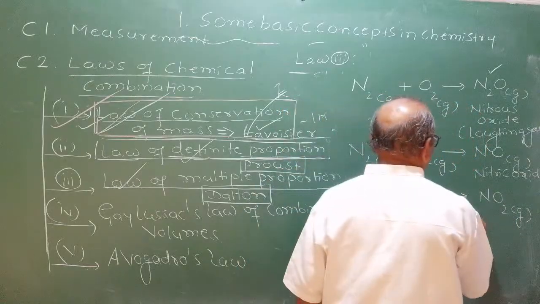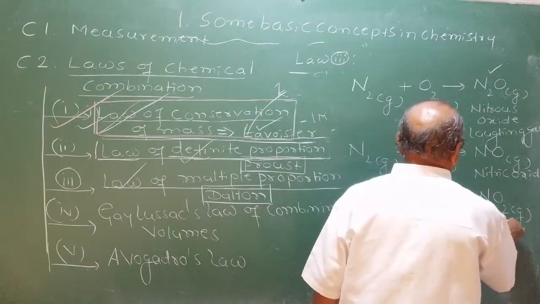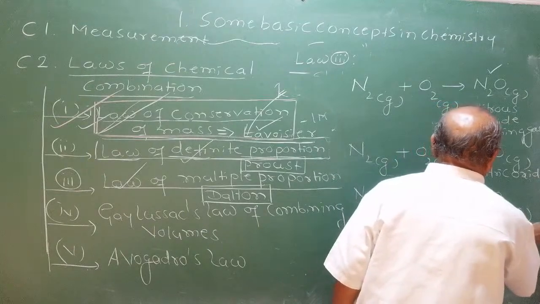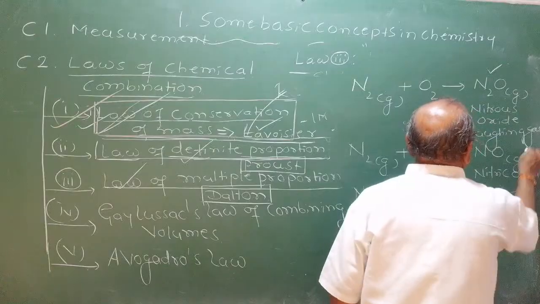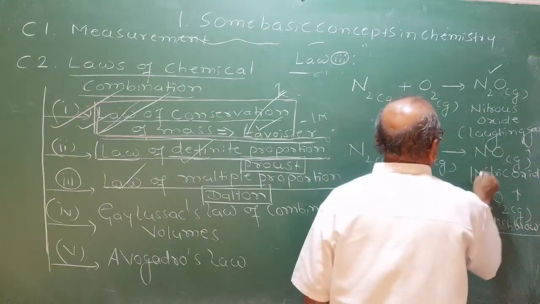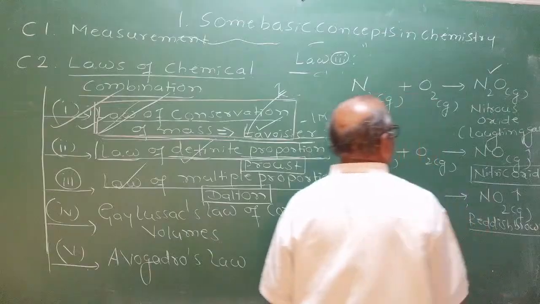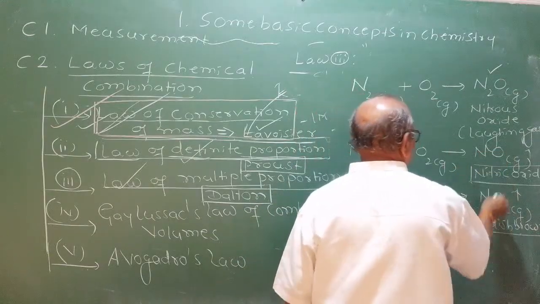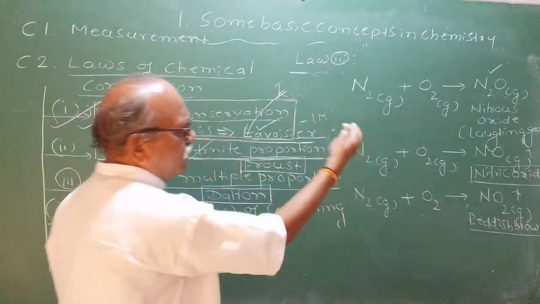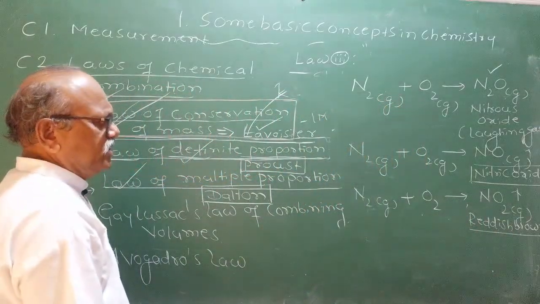This is reddish brown in color. All of them are gases, and the color of nitric oxide cannot be recognized because as soon as it is liberated, it combines with oxygen of the air, forming nitrogen dioxide.